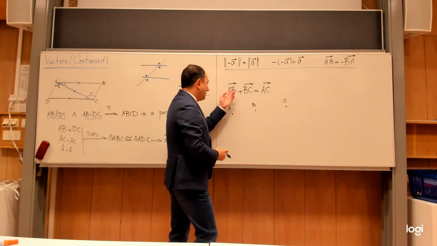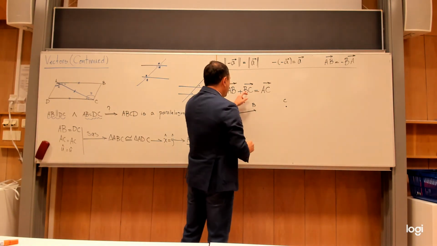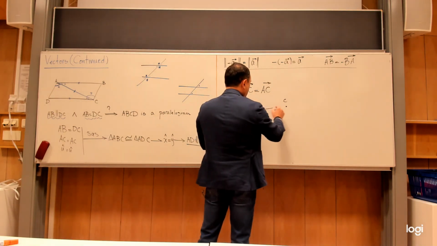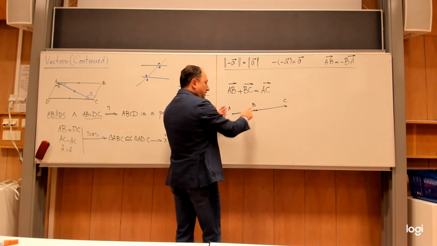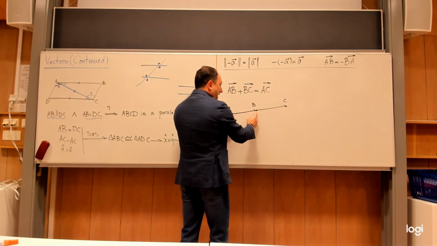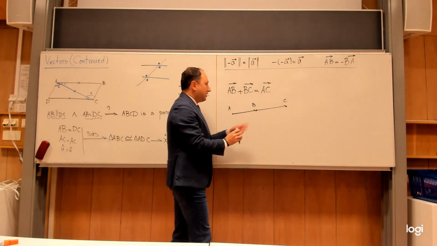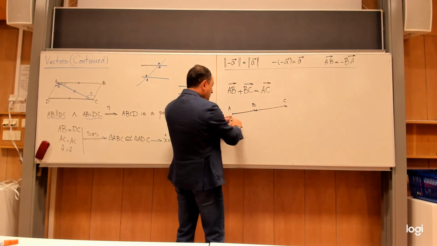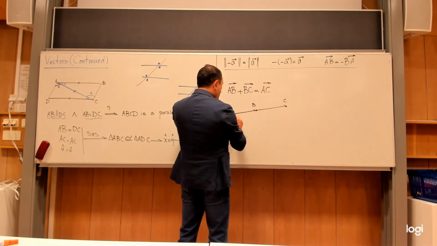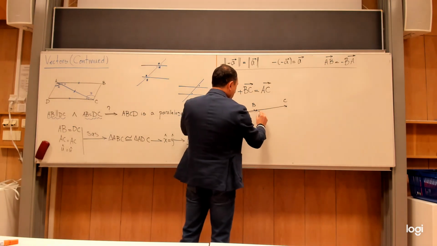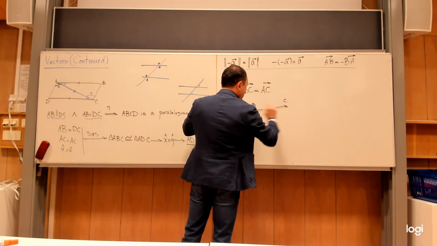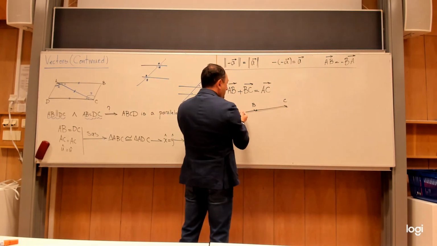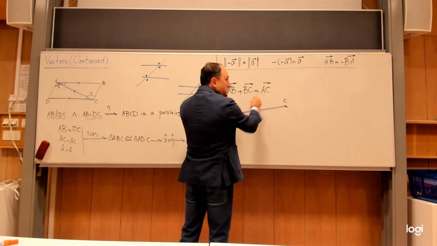AB is this vector, and BC, another arrow, starts from B, then goes to C. According to the rule that we learned for vector addition, what would be AB, this arrow plus this arrow? This arrow is already started from the tip of this one, so it is exactly the form that we want. If I want to add these 2 vectors, I have to start from here, and then go here, and then put the tip of the arrow there. If I ask you what is this, you would say this is vector AC. So in this particular scenario, AB plus BC is equal to AC.